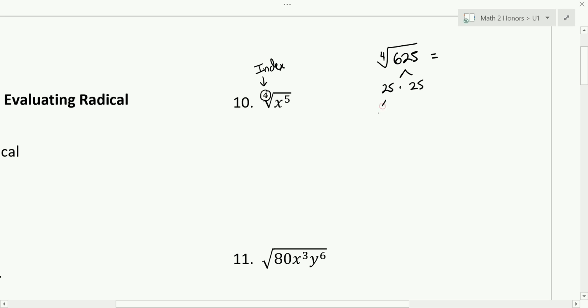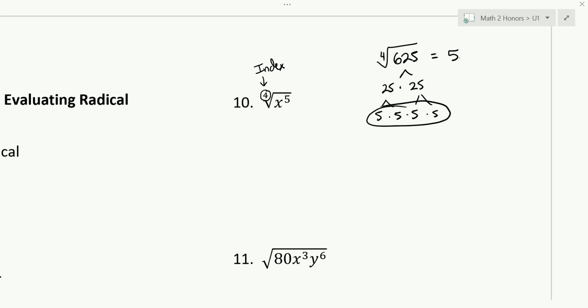What times what is 25? And so instead of looking for a set of 2 things, it's a 4th root. We're looking for a set of 4. What to the 4th power equals 625? 5. Okay? So it works just like square roots, but the 4th root.